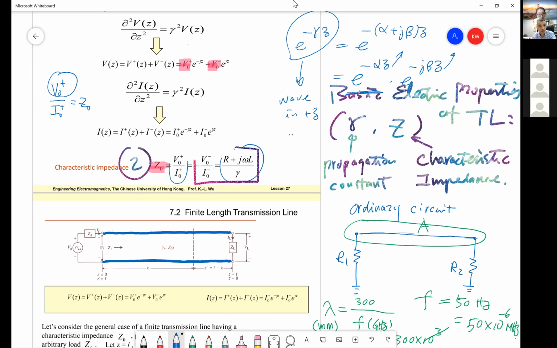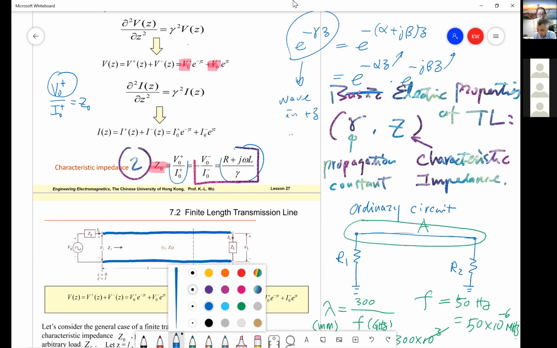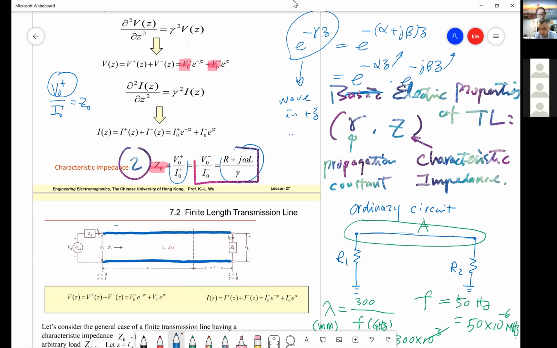Then I can use very thin wire to indicate this is an ordinary circuit. So that means the length does not matter. Now you see the difference. Now, let's go back to original, because I think the original drawing is thick enough to distinguish the transmission line and the ordinary circuit line. Right?